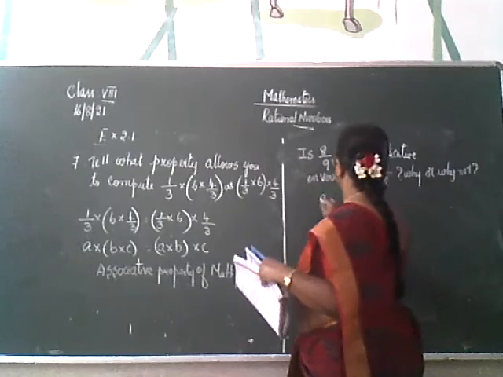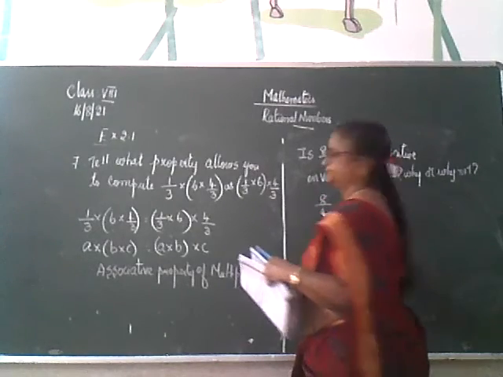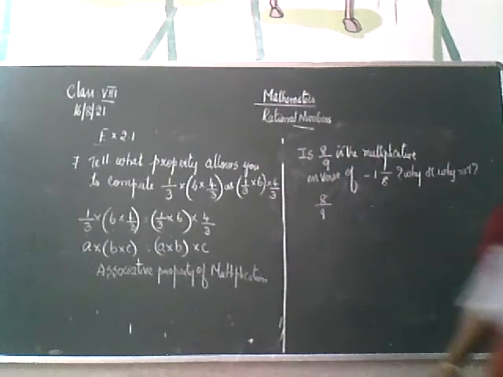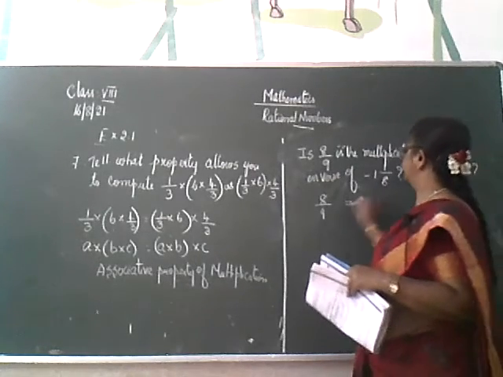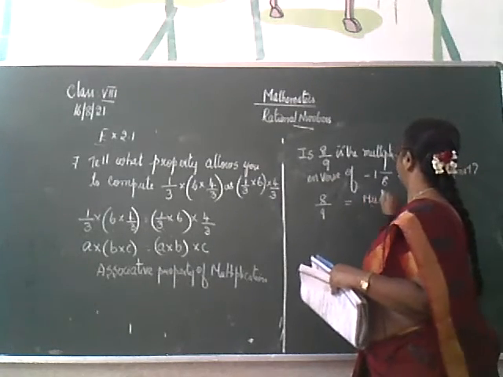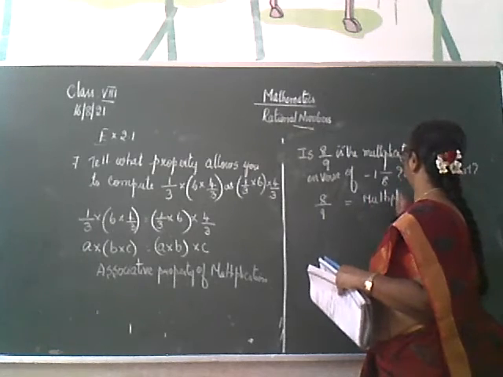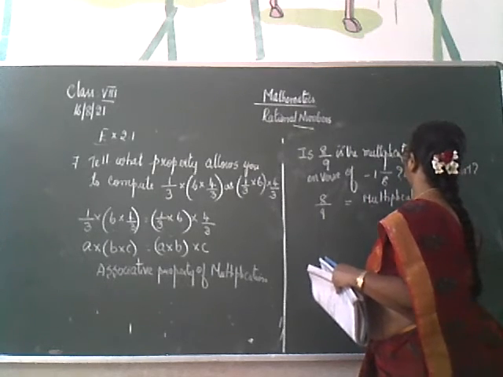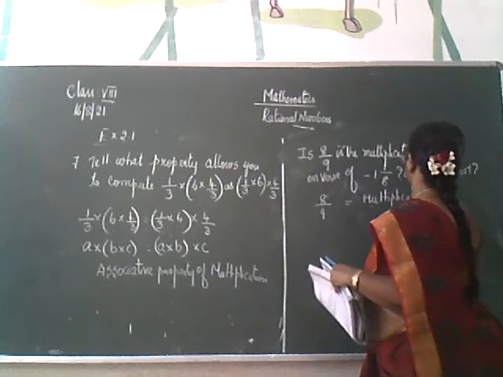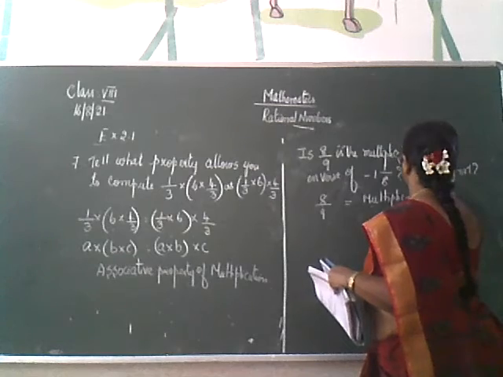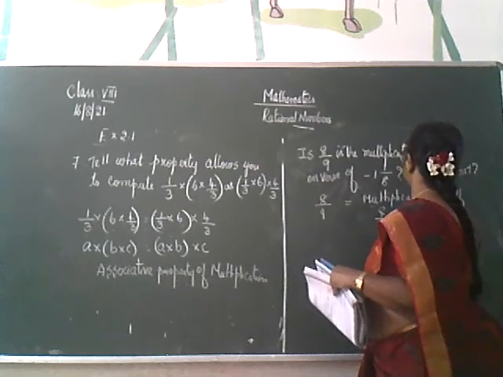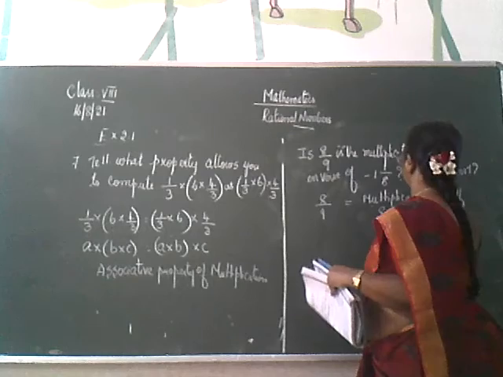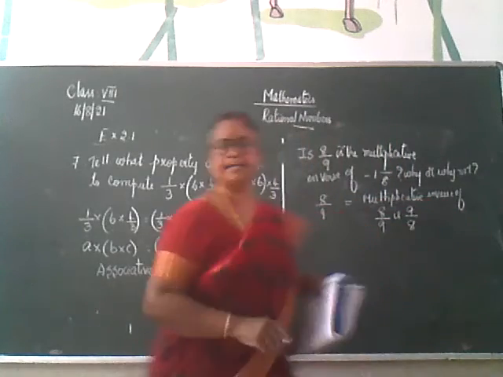So, the multiplicative inverse of 8 by 9 is 9 by 8.